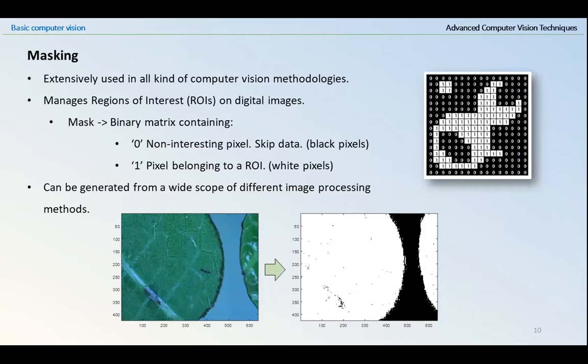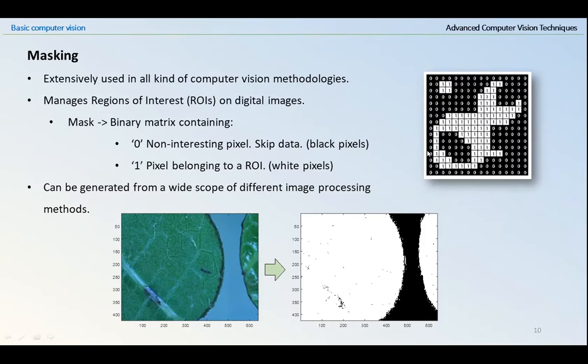Zero means that I'm not interested in what value is in that pixel, whatever it contains, and one means I'm interested in what's in there. So the resulting pixels that contain ones form what is called the region of interest. Usually, the ones are represented as white and the zeros as black.